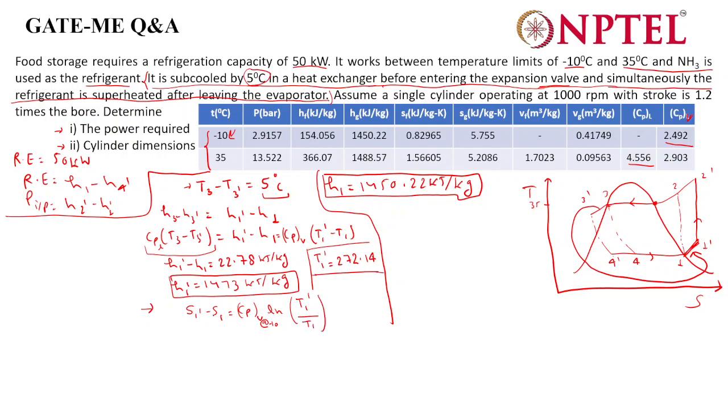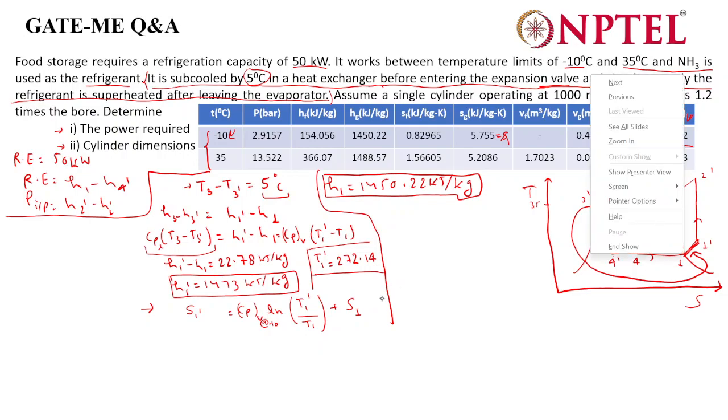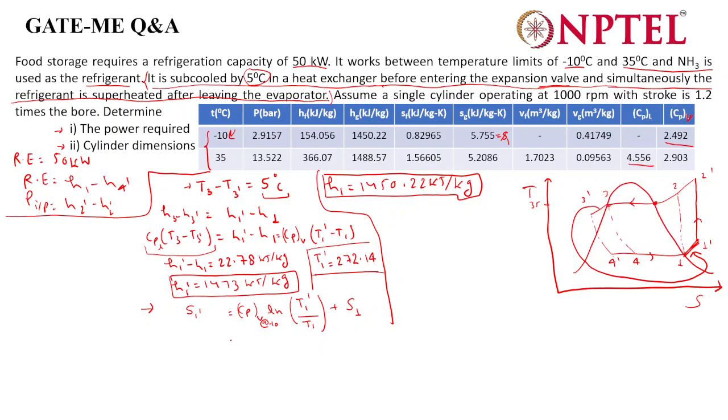Yes. So from here, what would be the S1 dash? It would be the addition of S1. S1 we know, this is the value of S1, the Sg value at minus 10 degrees Celsius, right? Yes, sir. So can you let me know what is S1 dash?